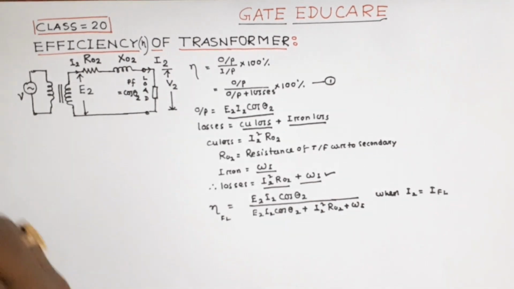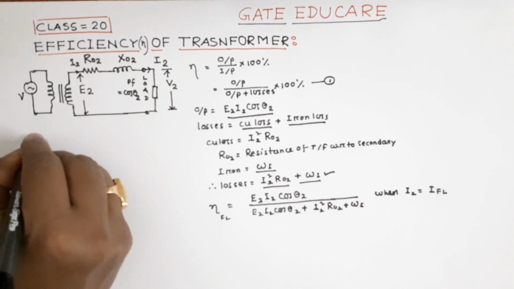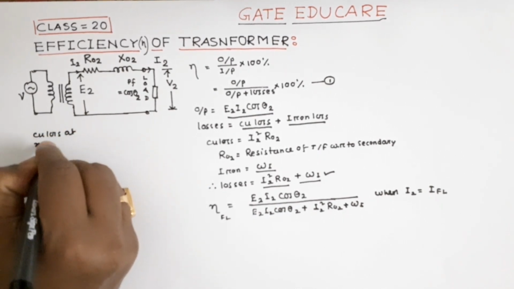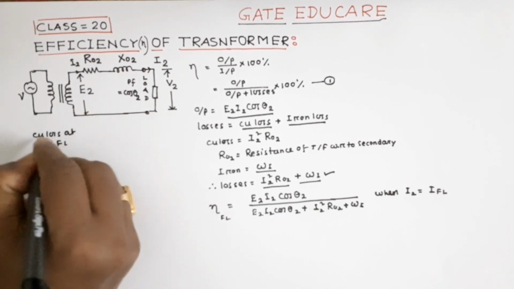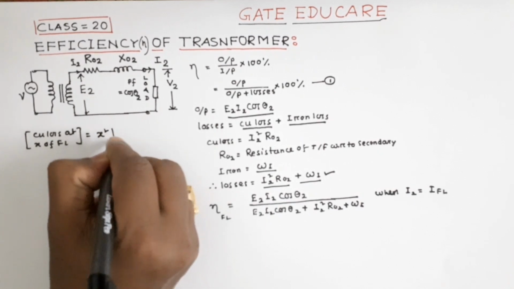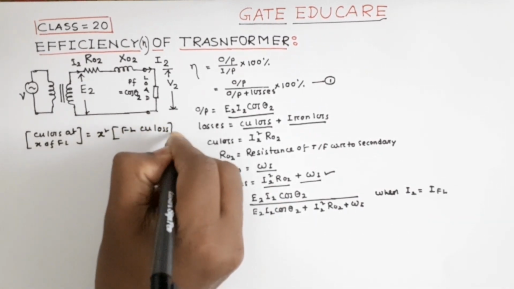Now, all of you know that the copper loss at x of full load equals x square into the full load copper loss.